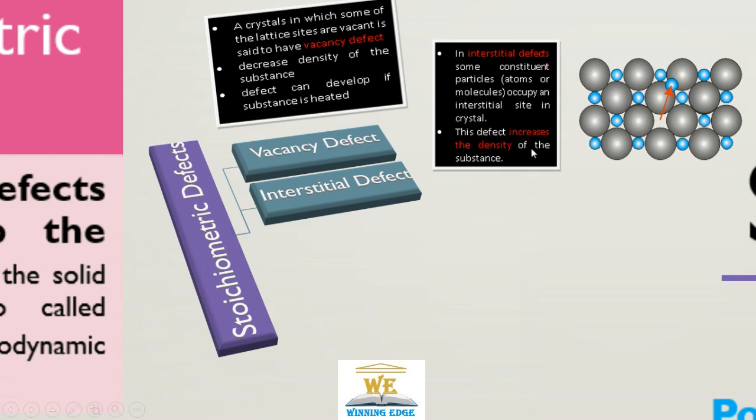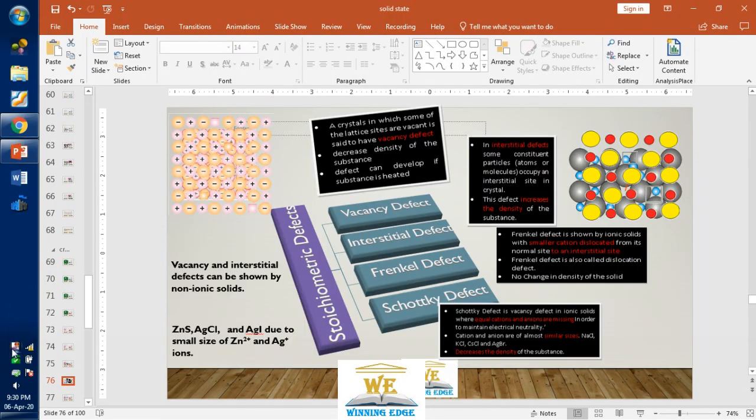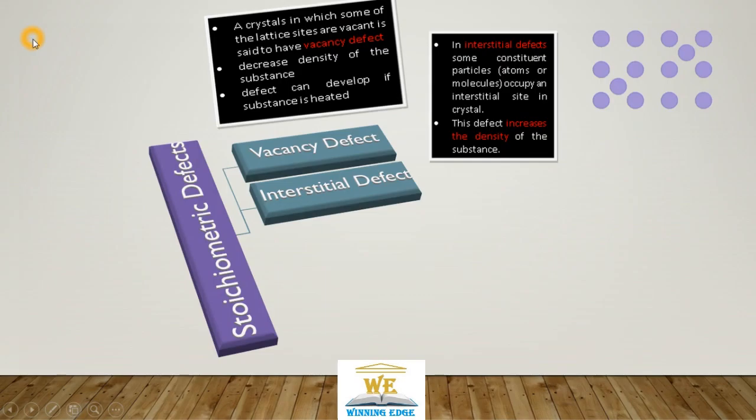These defects increase the density of a substance, because we saw that in interstitial defects, some of the constituent particles, atoms or molecules, occupy the interstitial space, as we can see here.